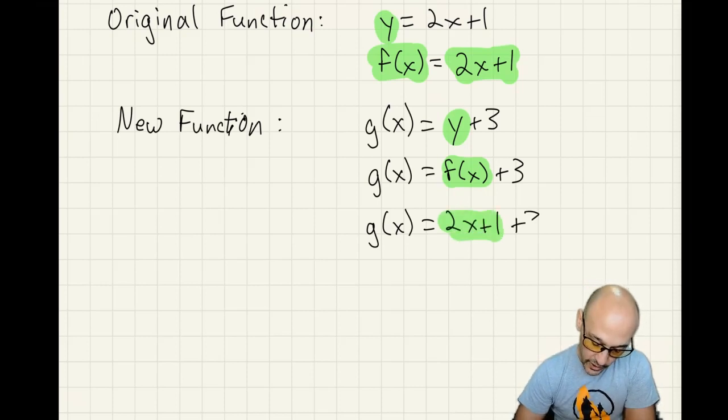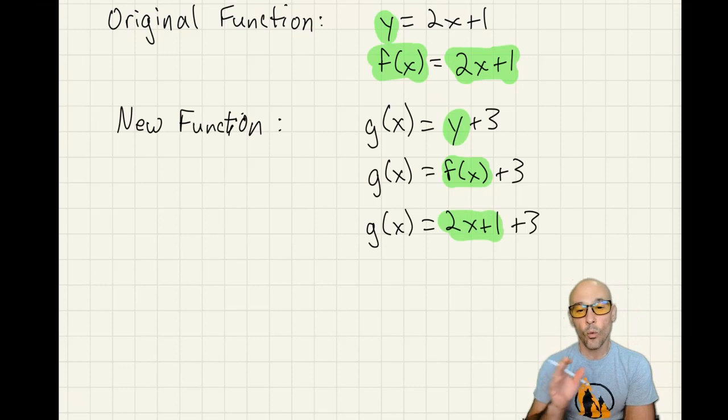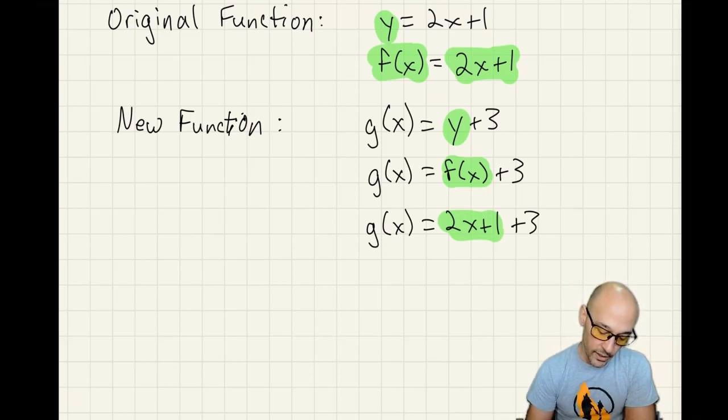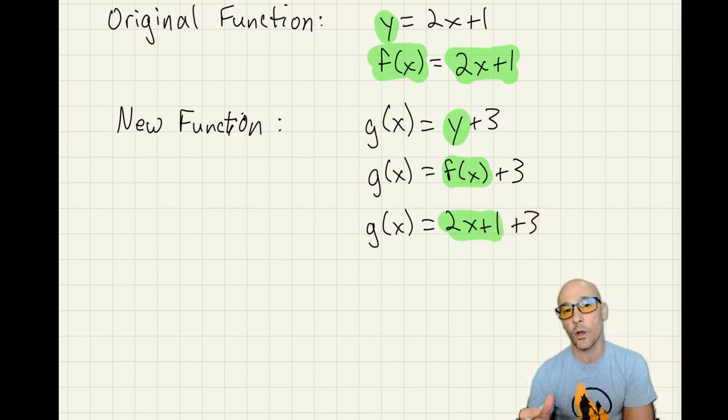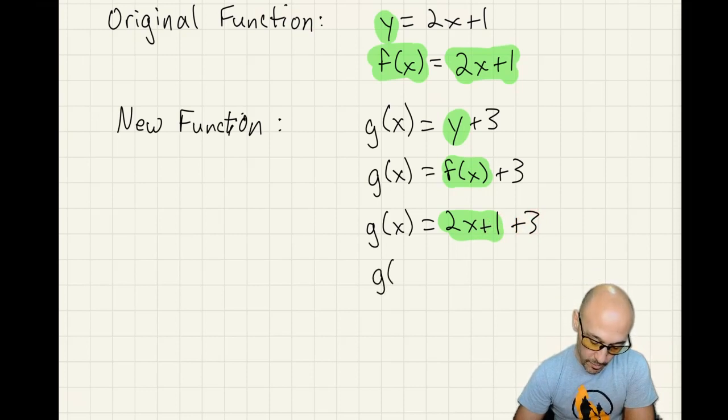And then we have plus 3 still. So what is that plus 3 doing? Well, one thing we can do is combine our positive 1 and positive 3 because those are both constants. They're like terms. So we'll have 2x plus 4.